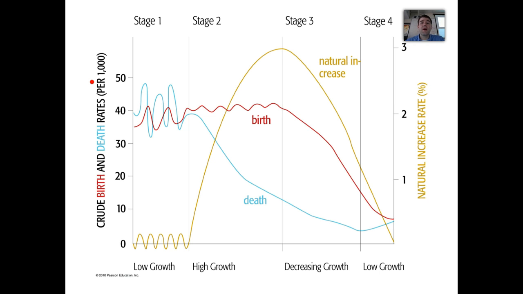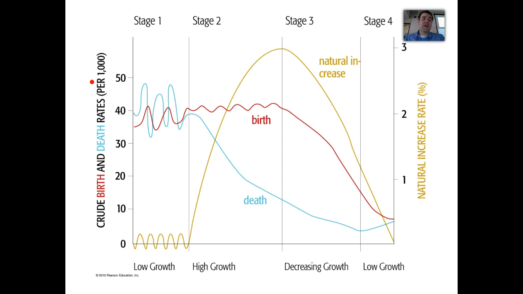we chart out 3 different really key pieces of information, and there's sometimes a 4th. On here you see the crude birth rates, the crude death rates, and the natural increase rate over time. In other words, the percentage at which the population is increasing over time depending on the stage. Sometimes you'll see total population also charted on the DTM, but this is what we're looking at.